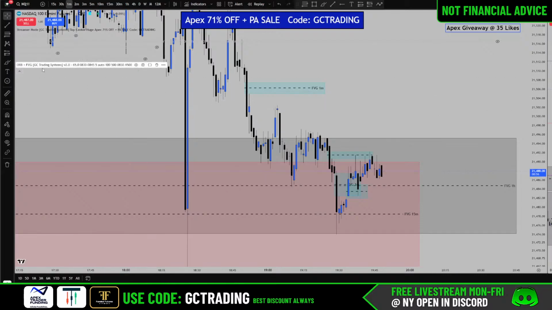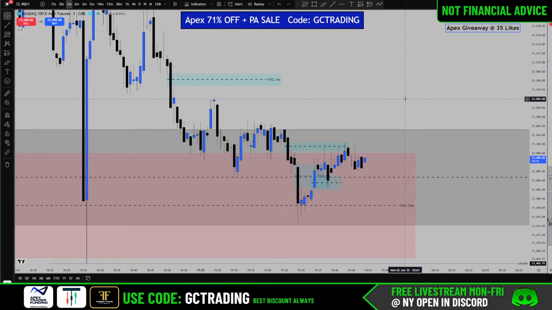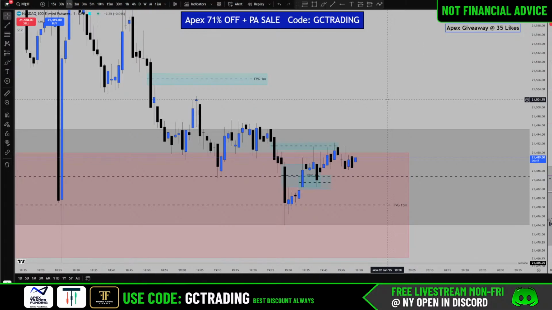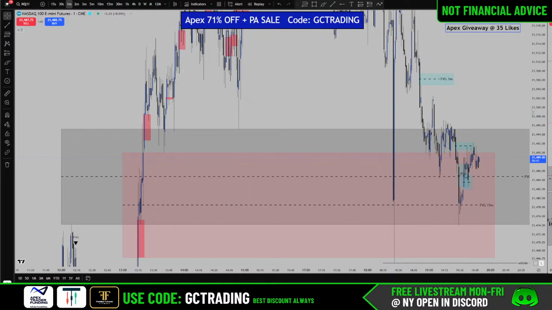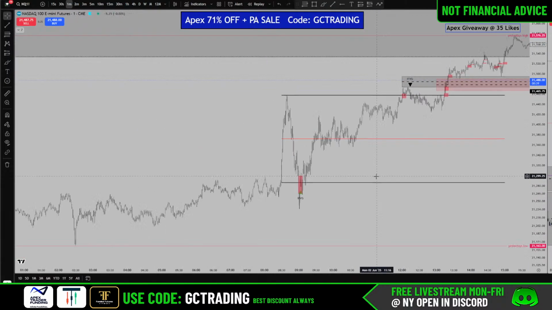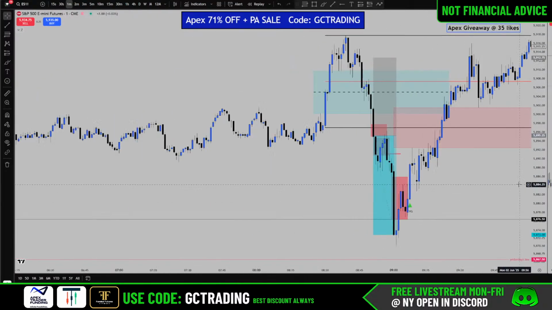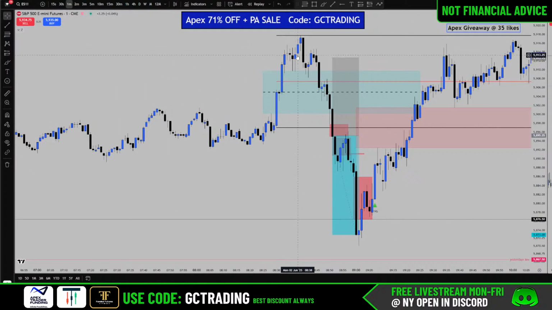Let's see. This right here is not a great delivery, right? Not a great delivery. An example of a good sell sequence or buy sequence would be this or over here. See this sell sequence right here is strong, right?